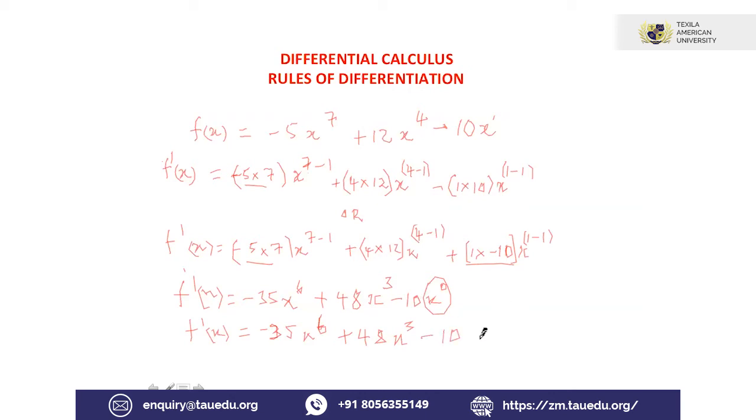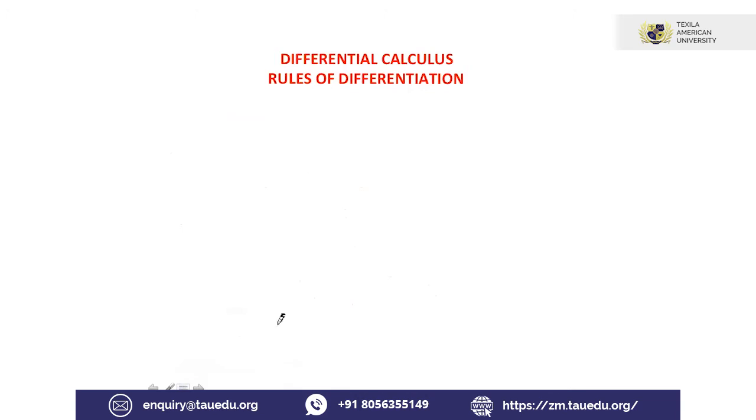So this becomes your final answer for this question. All right, so take note of that before I take it off. All you have to remember is make sure that you subtract 1 from the power after multiplying the power by the coefficient of the base.